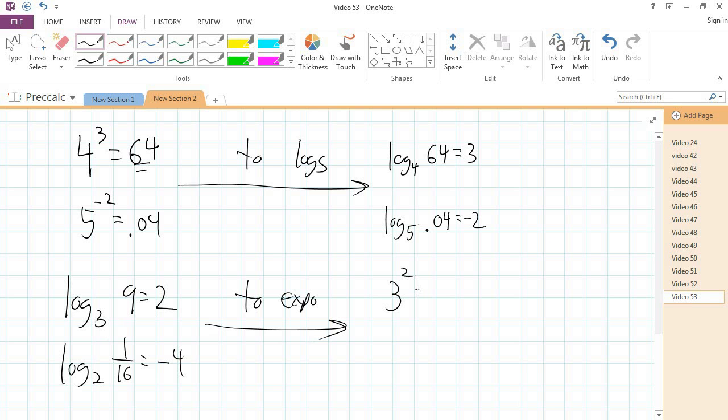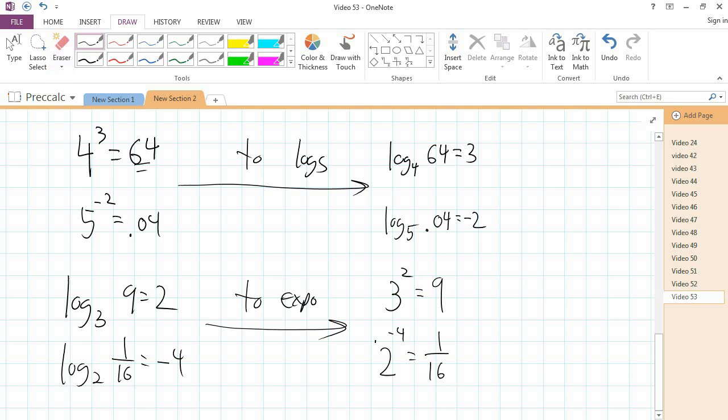And what I am taking the log of is the answer to my exponential. Okay, hit pause and take a stab at this second one here. Okay, the base of my log is the base of the exponential. The answer is the exponent, and what I'm taking the log of is the answer to my exponential, 1/16.